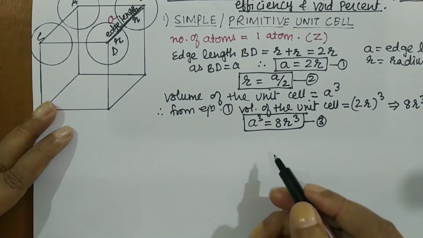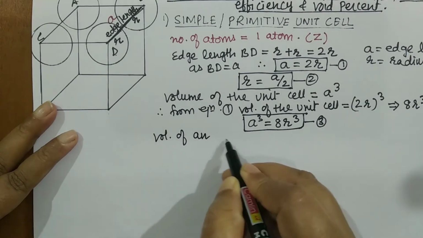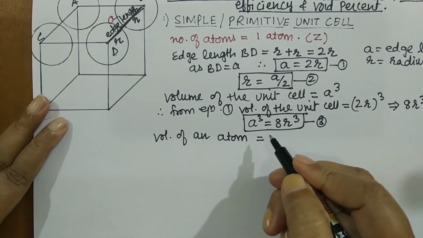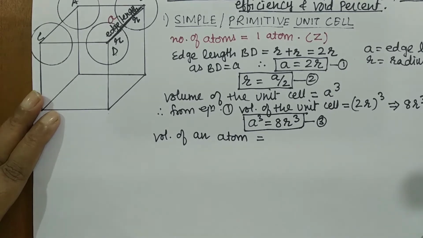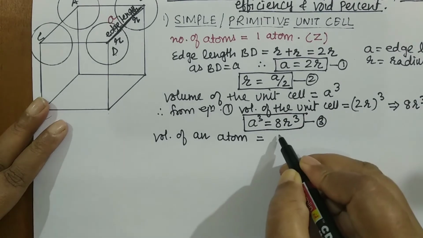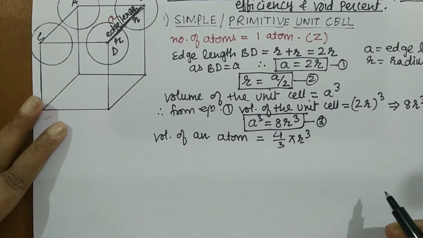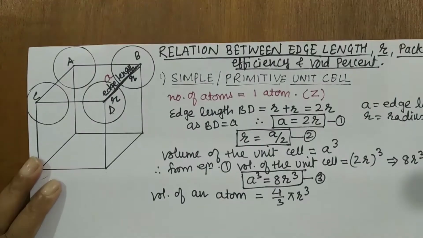Next, student, the volume of an atom. As I said, an atom resembles a sphere, so we'll be using the volume of a sphere, which is equal to 4 upon 3 pi r cube. Now, as this is a simple or primitive crystal structure, total number of atoms, how many atoms, student?